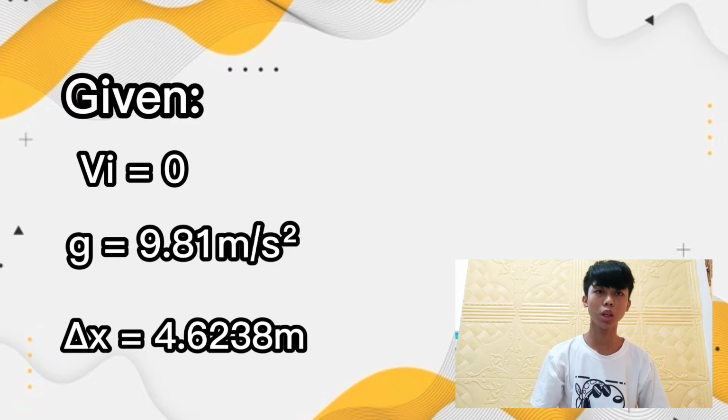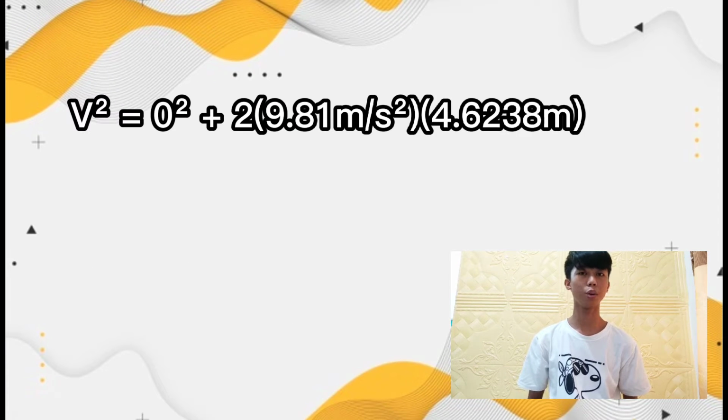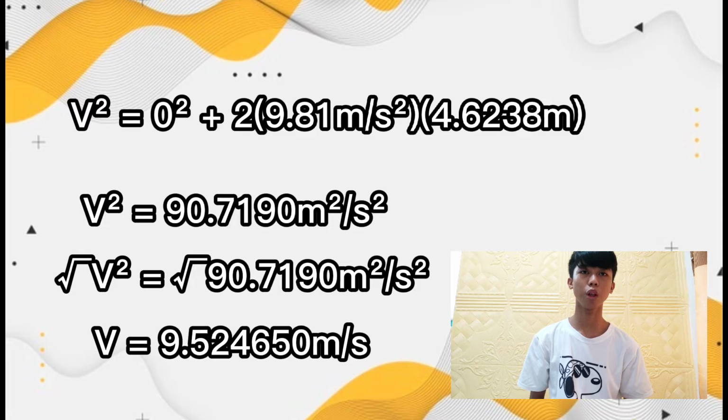We substitute the givens into the equation. Final velocity equals the square root of 0 plus 2 times 9.81 meters per second squared times 4.6238 meters. Now we get the answer of 9.524650 meters per second.